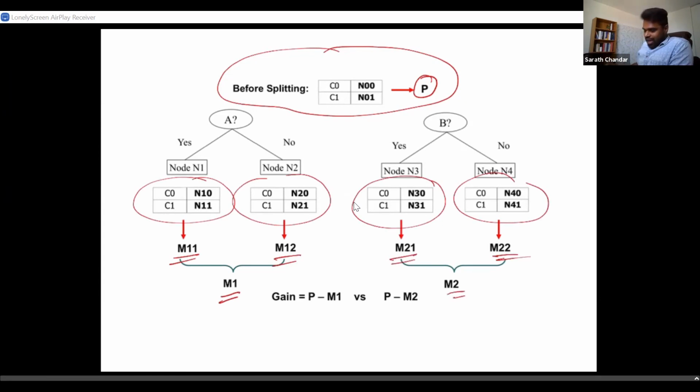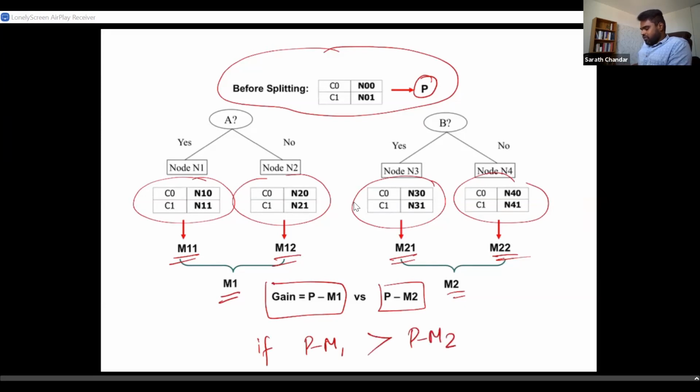Okay. Now the gain by splitting based on A is given by P minus M1. Similarly, the gain by splitting with B is given by P minus M2. Now, if P minus M1 is greater than P minus M2, then it means I have more gain by splitting with A. So then you basically choose split A. Okay.